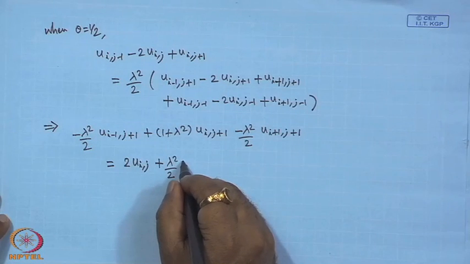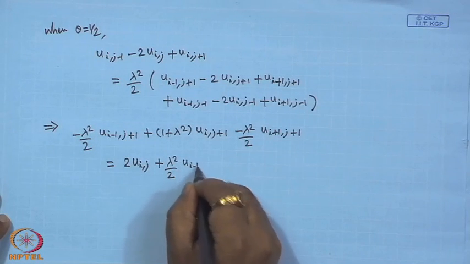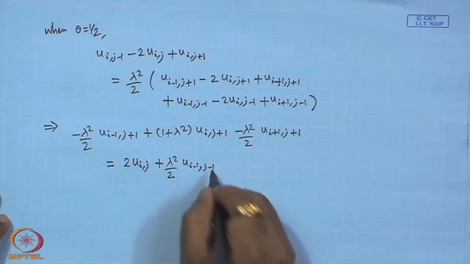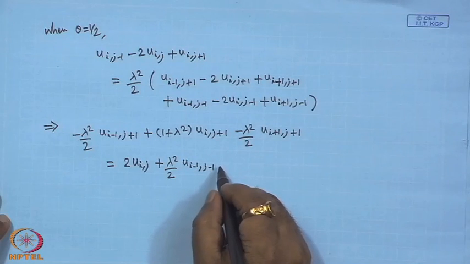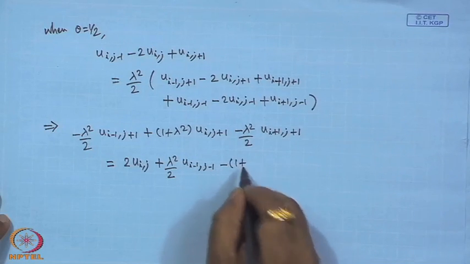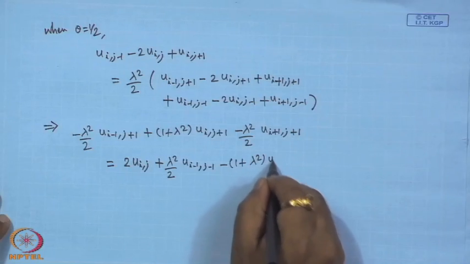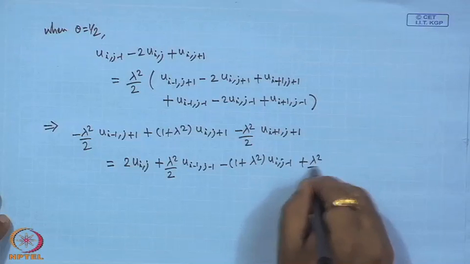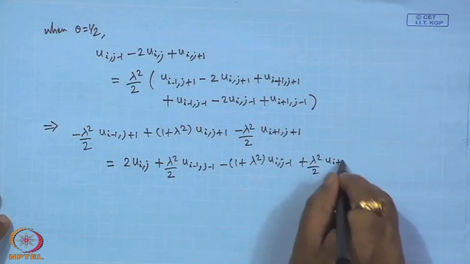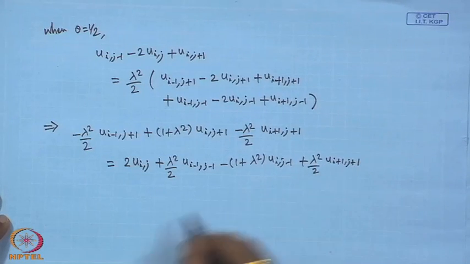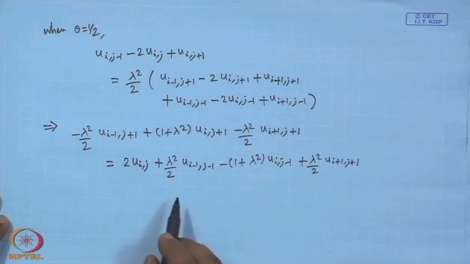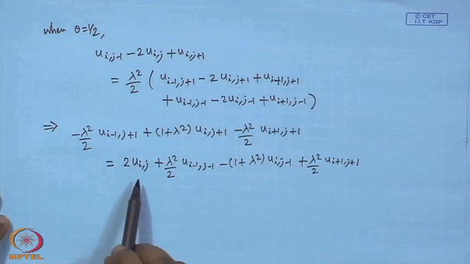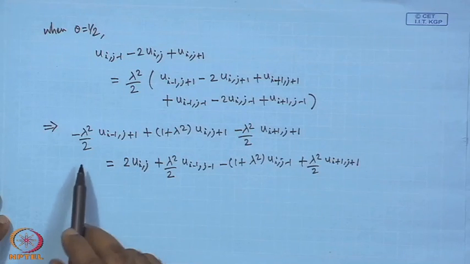So, lambda square by 2, then I j minus 1, then the remaining. So, this is a special case where theta is half.